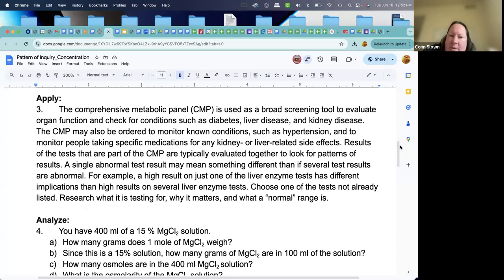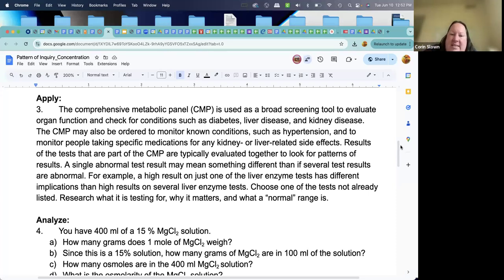And then the comprehensive metabolic panel is what we were just taking a look at. So that's a really broad screening tool. It can be used to monitor general health conditions like hypertension or someone who has kidney or liver diseases. But they also are looked at and evaluated holistically or together. So just because there's one abnormal test might mean something very different than if there are multiple test results that are out of range.